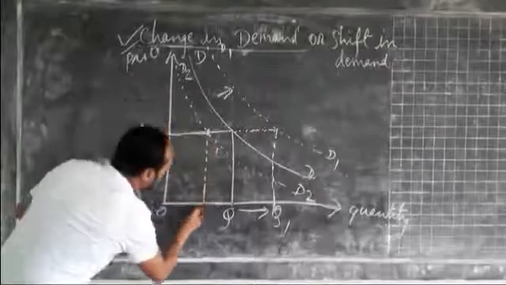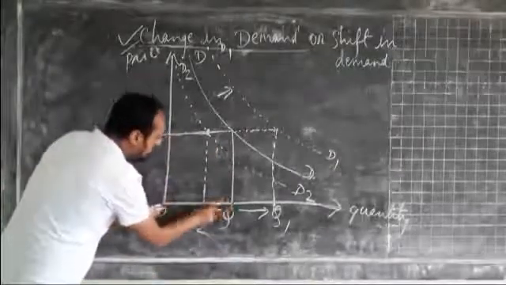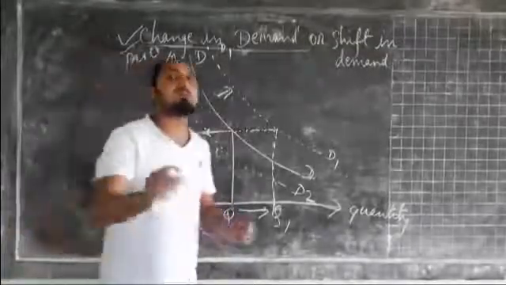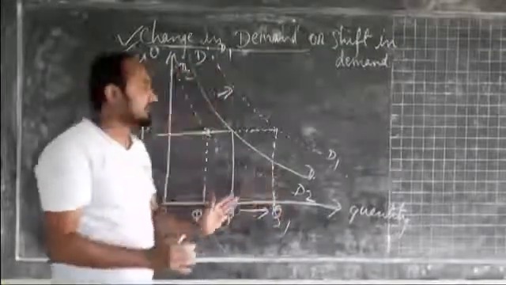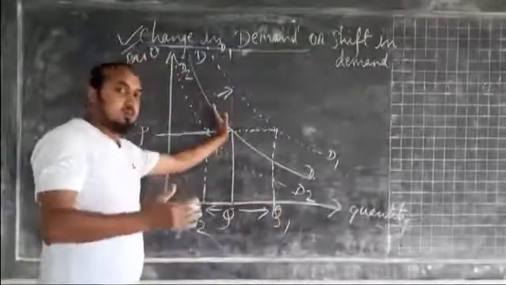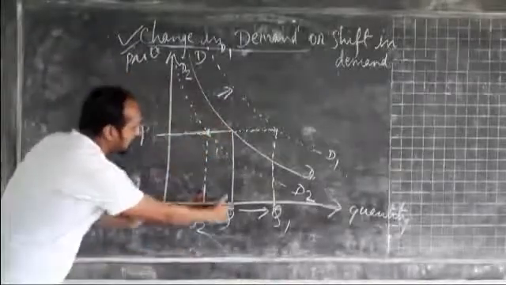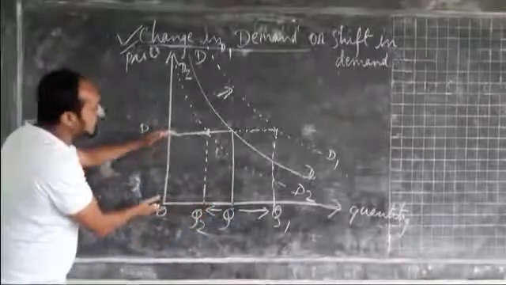So here the quantity demand is decreasing from OQ to OQ2. So when income of the consumer decreases, the demand curve will shift leftward, showing that the quantity demand will decrease from OQ to OQ2 at the same price.